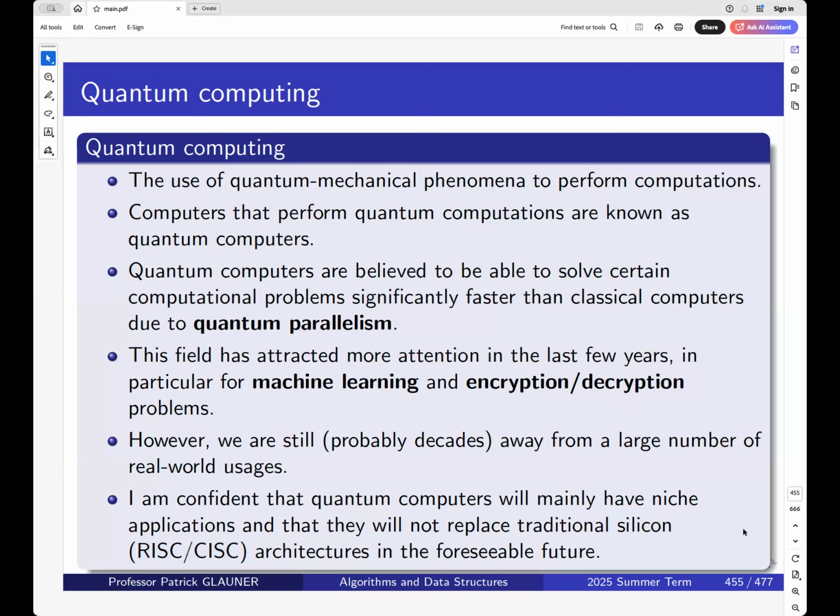But quantum computers address a specific niche of problems. And as we get more powerful quantum computers in the foreseeable future, probably we have more and more applications of quantum computers, but the large majority of computations will probably still be done by regular computing.